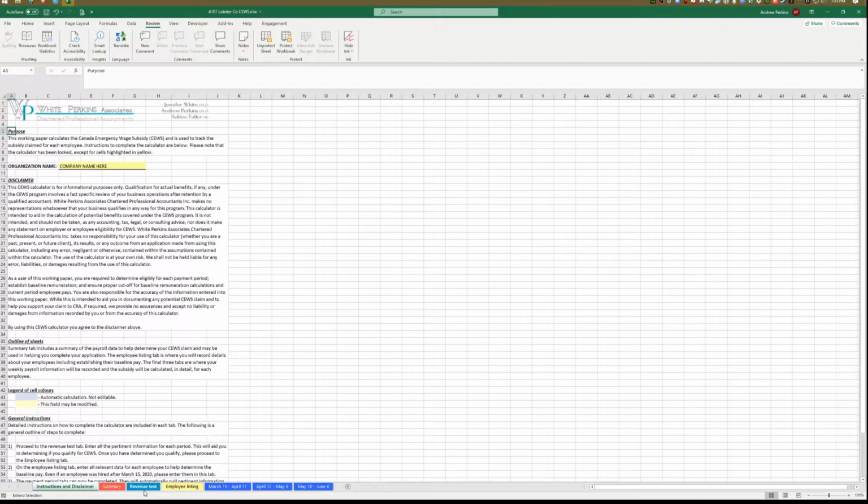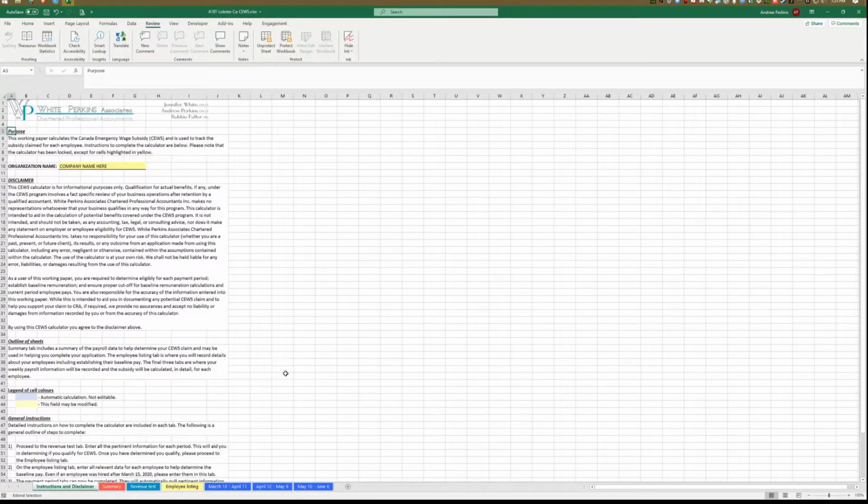Second is a revenue test tab, which is going to assist you in determining whether or not you qualify. Then we have an employee listing tab where you're going to put the raw data from your accounting system about your employees, including their names, their baseline remuneration, whether or not they're arm's length, their hire dates, that sort of thing. After that, we have tabs for each of the qualifying periods.